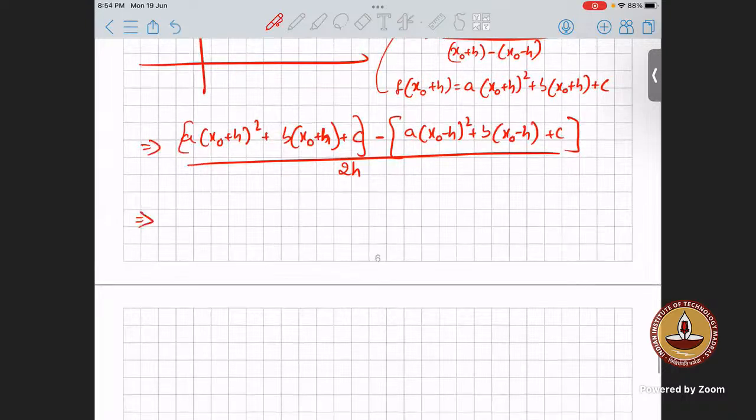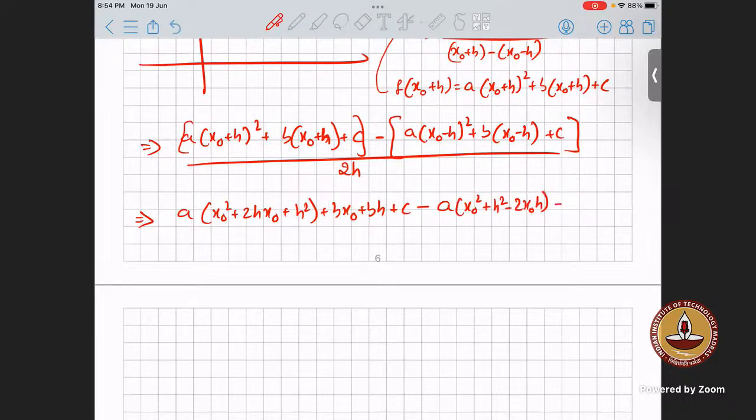a into x naught square plus 2h x naught plus h square, plus b x naught plus bh plus c, minus a into x naught square plus h square minus 2x naught h, minus b x naught plus bh minus c, divided by 2h.